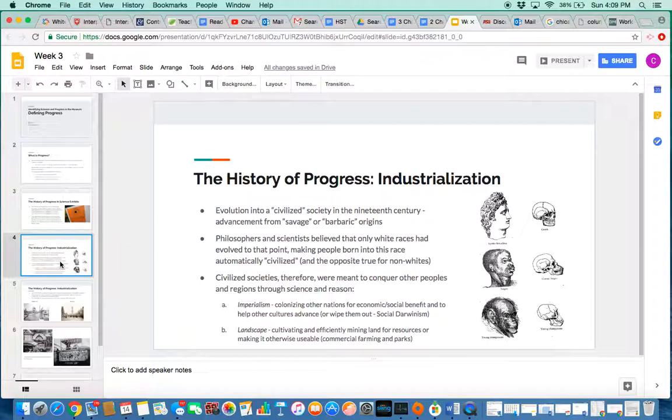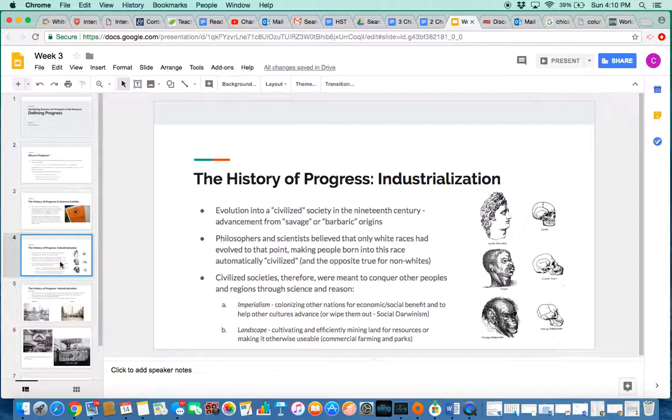So imperialism, colonization of other nations, growing empires from Western nations, used science and reason to essentially take over other areas for their own economic and social benefit. There was a justification that because we were already advanced, people from these Western cultures could help other nations advance in Asia or in Africa or Latin America.